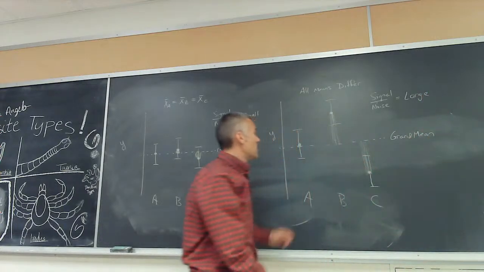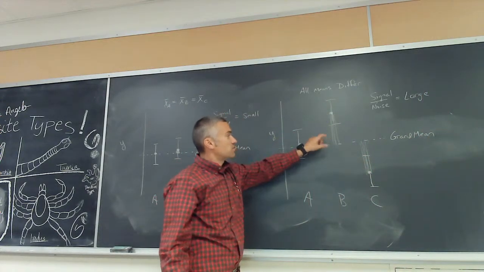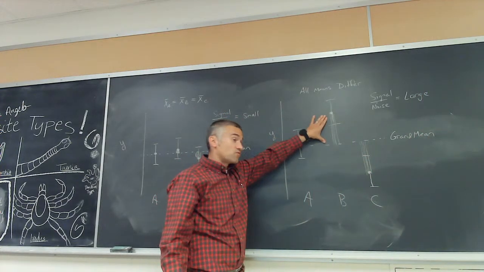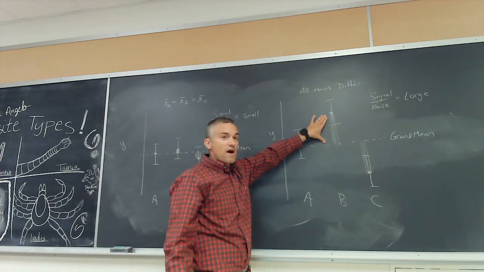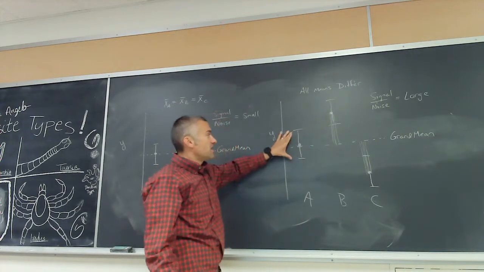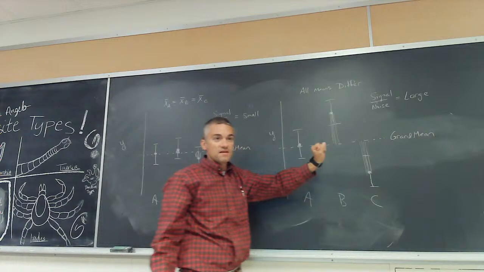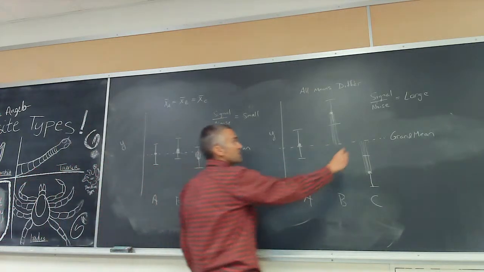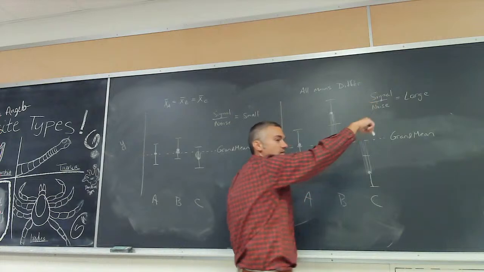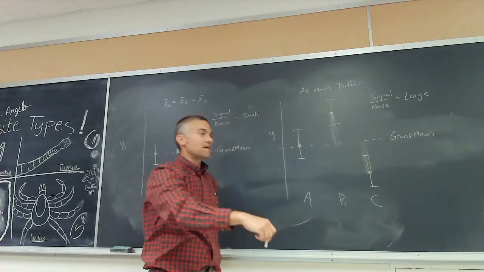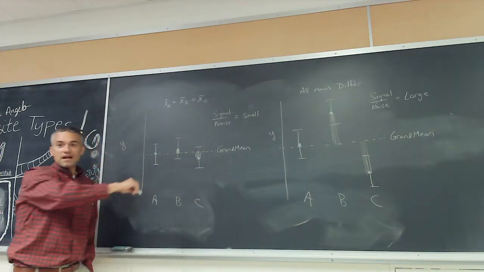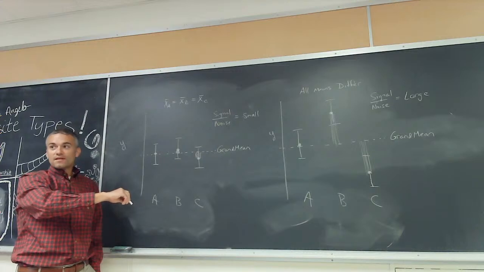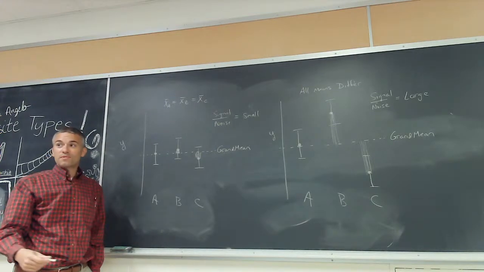So much so that when we look at the individual deviations of our group means to that grand mean, it's going to probably far exceed the individual variation that we see within these groups. So as this signal gets bigger and bigger, it makes it more and more likely that they're not equal.